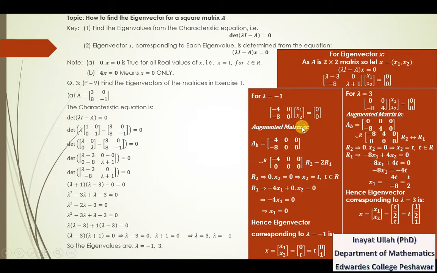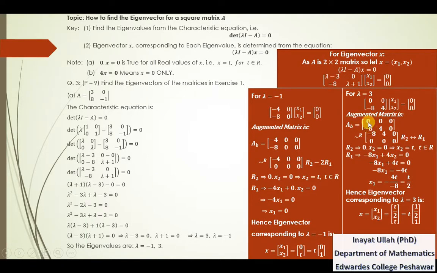In the same manner, taking the augmented matrix, this matrix and this matrix combined in one matrix, we need to convert this matrix into upper triangular. Below this main diagonal, this element must be 0.